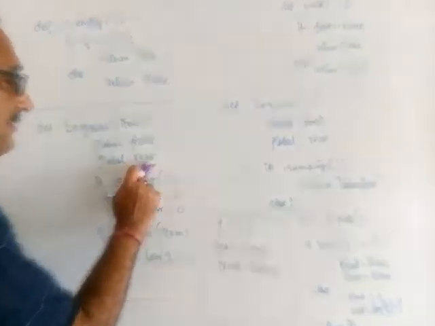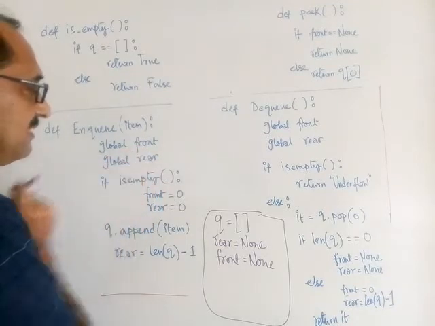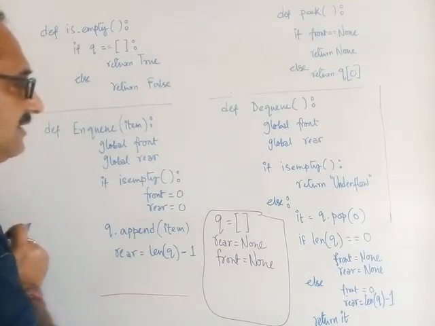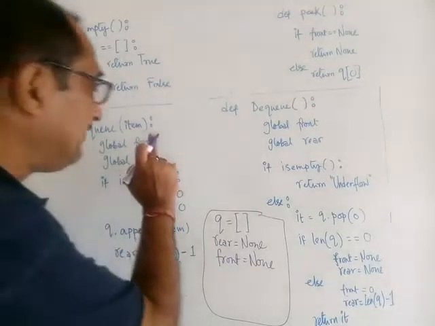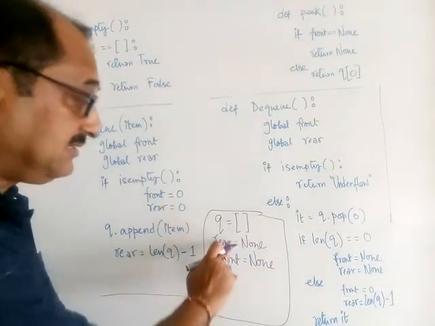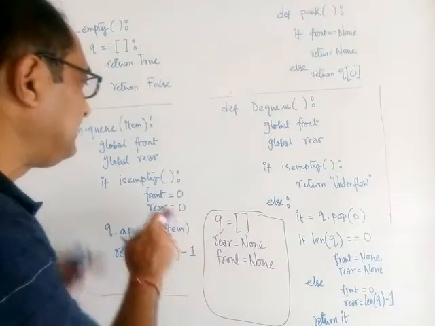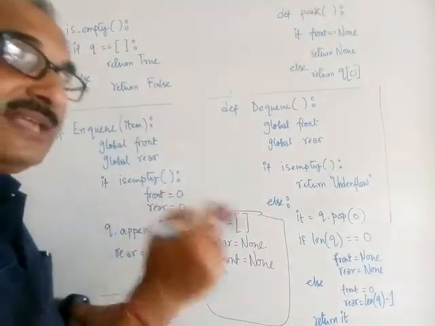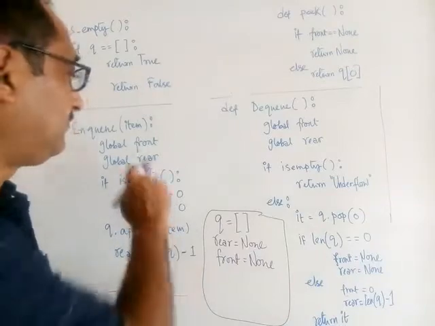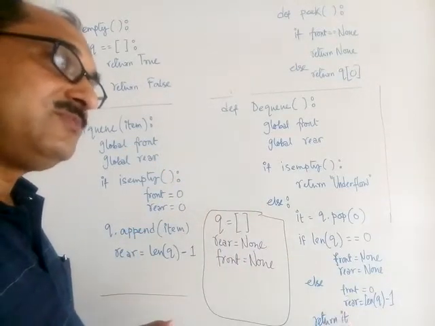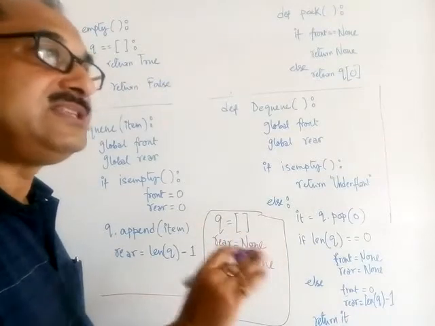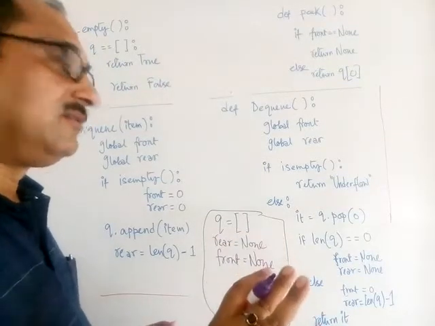I have taken a look at this global front and global rear. I believe you remember the purpose of this. I wrote global front and global rear because front and rear are global variables, and there is a possibility that I will change their values. Whenever a global variable's value is supposed to be changed, there is a possibility of changing it in the function.